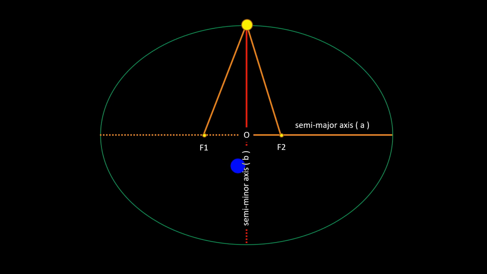This is the eccentricity, and if the distance of the focus from the center of the ellipse is c, and the distance of the end of the major axis from the center is a, then eccentricity is equal to c over a.